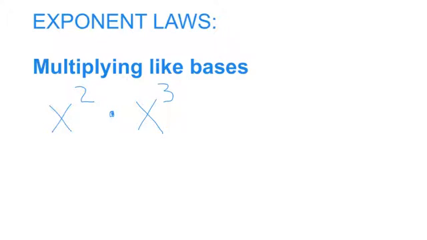If we expand this out, we get x squared is x times x, and x cubed is x times x times x. If we're multiplying those two together, we have a total of 1, 2, 3, 4, 5 x's being multiplied, which means this is going to be equal to x to the 5th power.